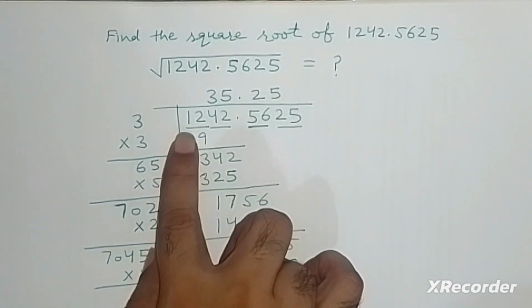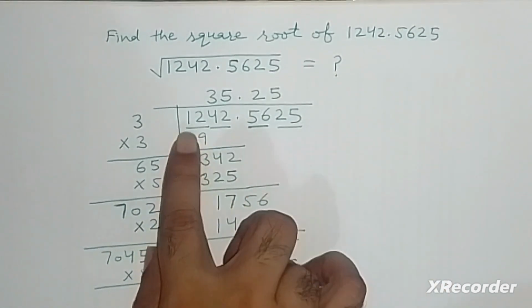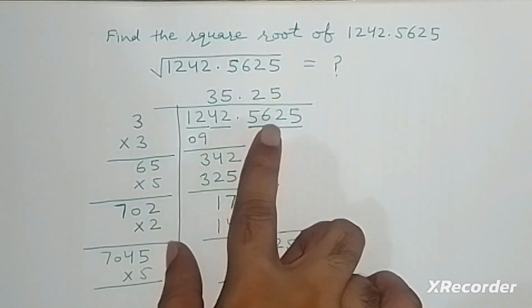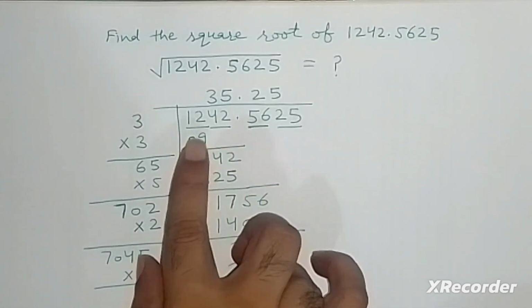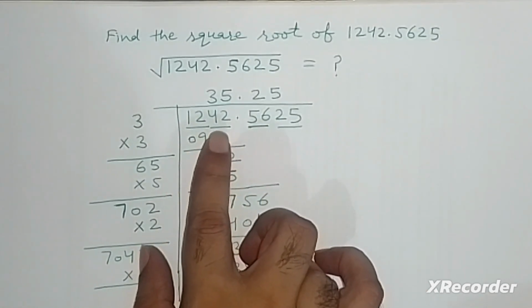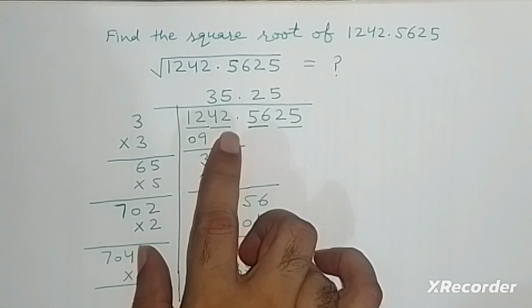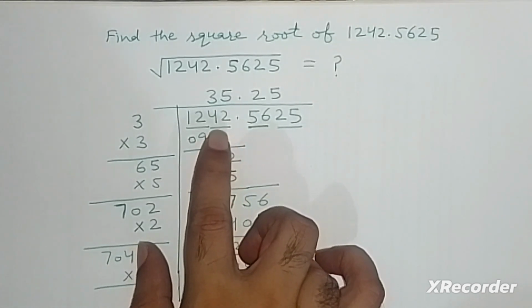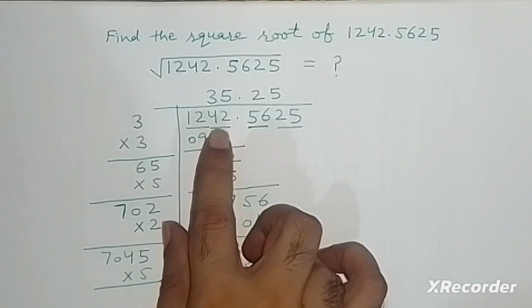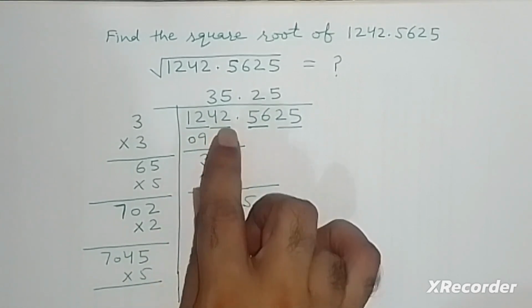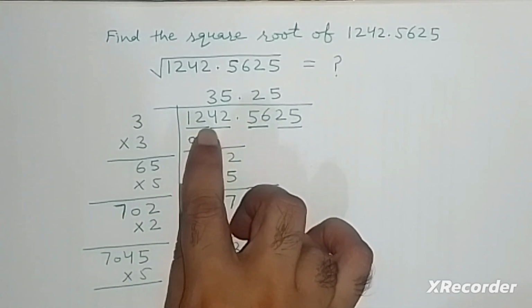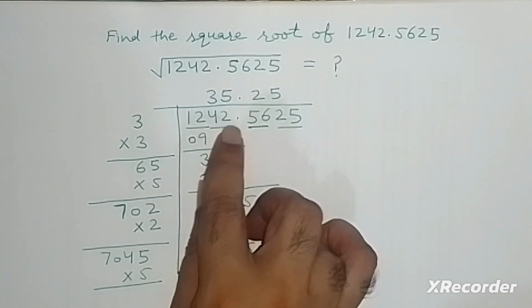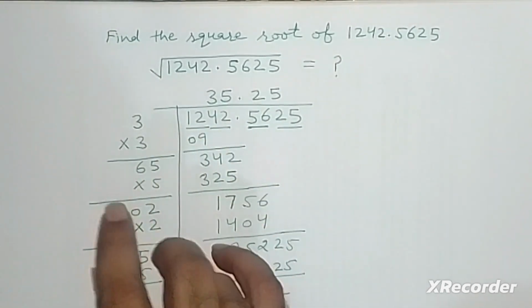First of all, we write the value 1242.5625. First of all, we make the pairs. Before the decimal, we move from right to left to make the pairs. So the first pair is 42 and the second pair is 12.